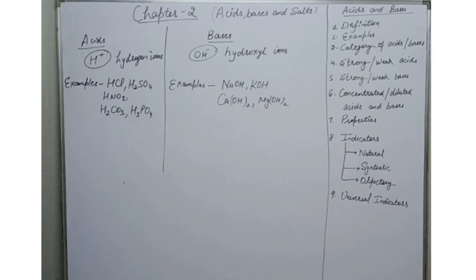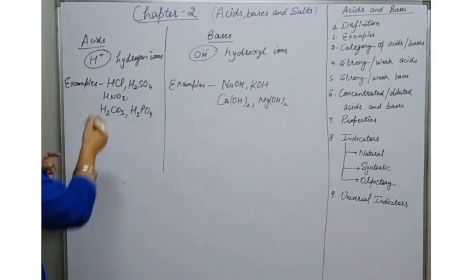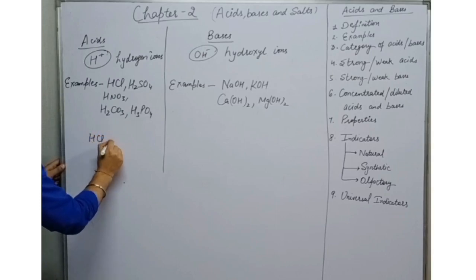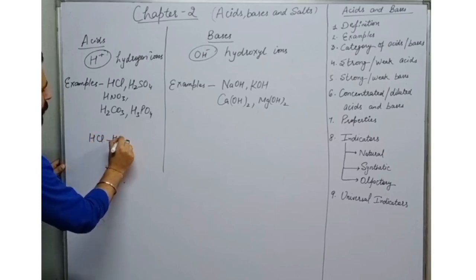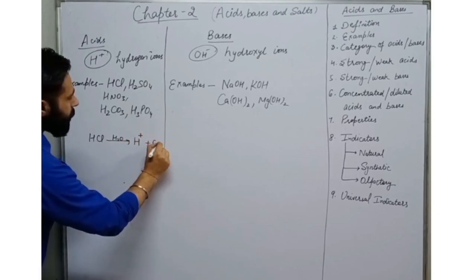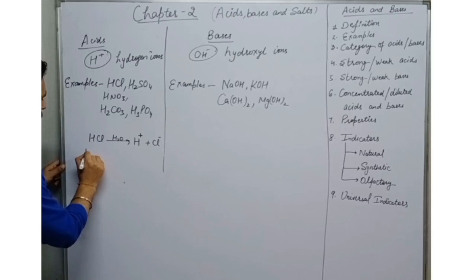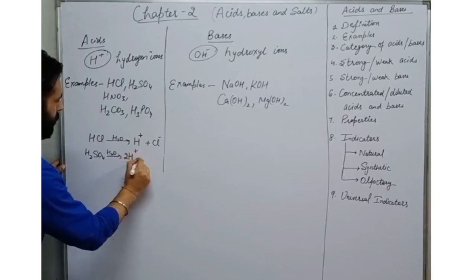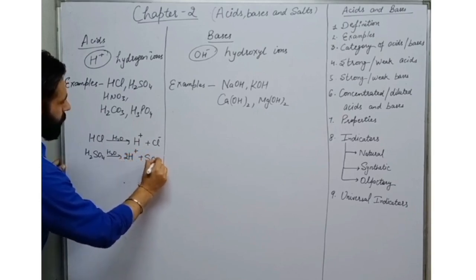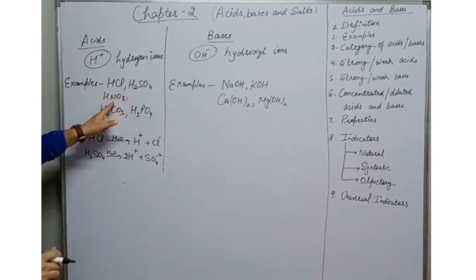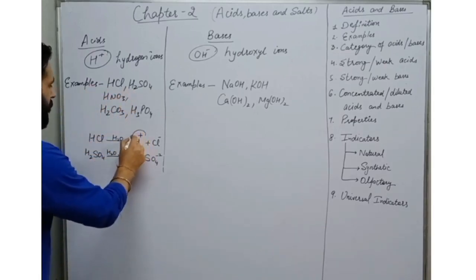So when, like suppose HCl is an acid, when we dissolve it into water, it will split up into these ions, like H2SO4 in water, all these acids release H plus ions.